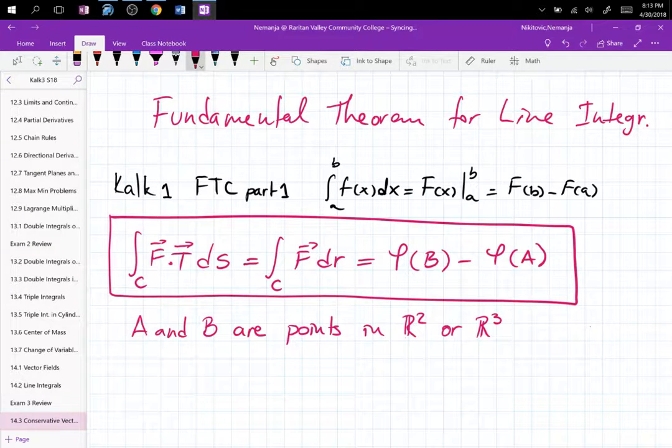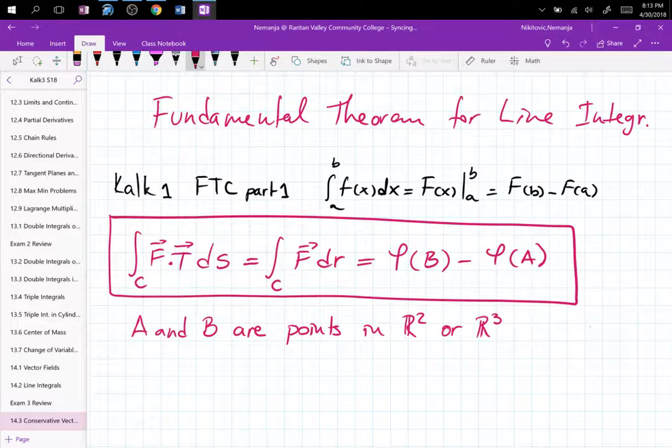So if you go back to our previous lecture, you would see me figuring out the field, figuring out the r, the parametrization, then doing the dot product, then integrating, right? Everything took time.